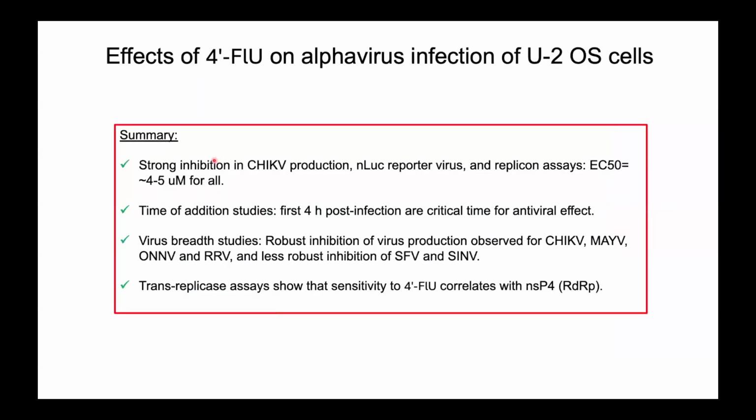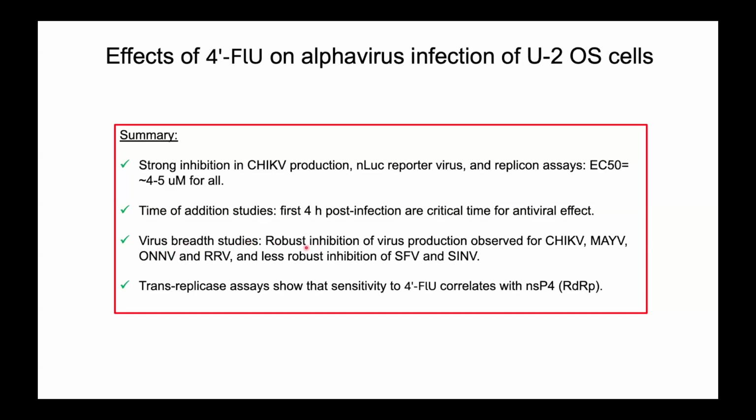So then just to summarize, this is a lot of work that was in the first paper. We saw strong inhibition of virus production for chikungunya, for a reporter virus that expressed luciferase, and in replicon assays. So it was clearly a replication inhibitor, not entry or other things. Time of addition studies showed that the first 4 hours post-infection was critical.